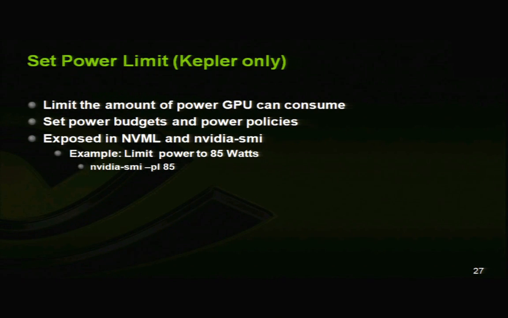Here's an example to set a power limit for a GPU. nvidia-smi -pl 85 sets the power limit to 85 watts. So the clock of the streaming multiprocessors and also the memory clock will be set down, and it gives you lower performance, of course, but you will still be live in this power limit.